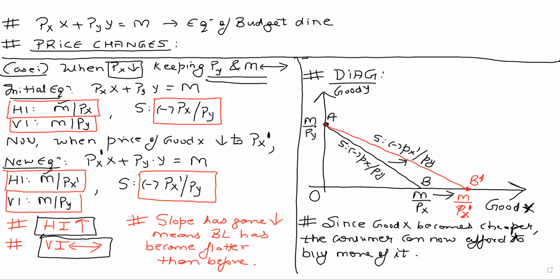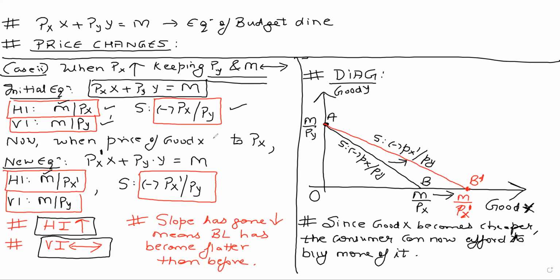And guys, then within this, let's look at the case. What happens when price of good X rises, keeping the price of good Y and income constant? We want to see what happens when price of good X rises. So guys, initial equation will remain the same. Horizontal, vertical intercept and slope will remain the same. But now, a small change.